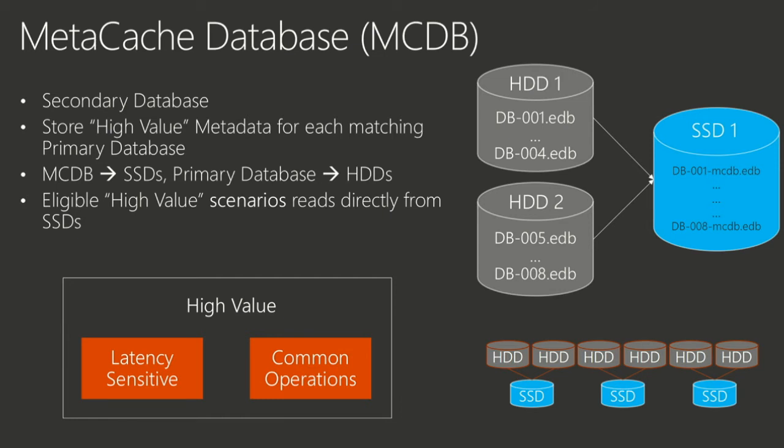When I say high value, these are things that are latency sensitive and common to a lot of other scenarios. In the service, we have 4 databases per hard drive, and we map 2 drives' worth of databases into a single SSD. So one SSD has 8 MCDBs.